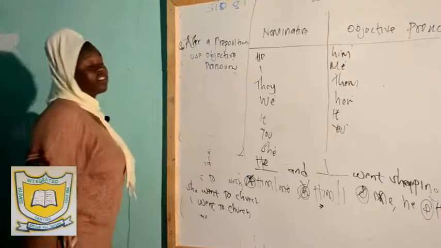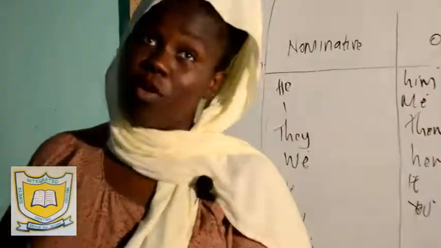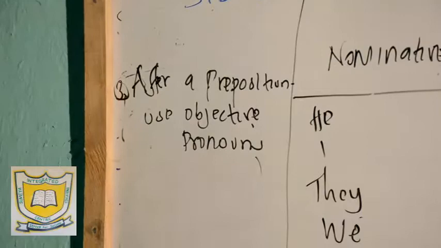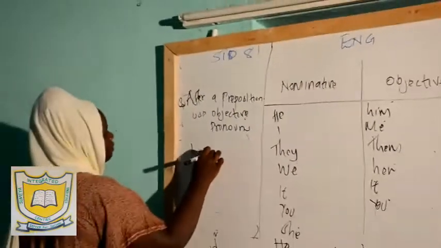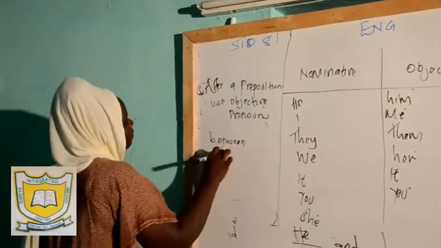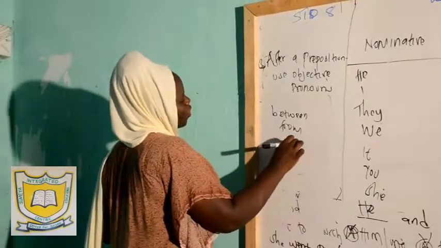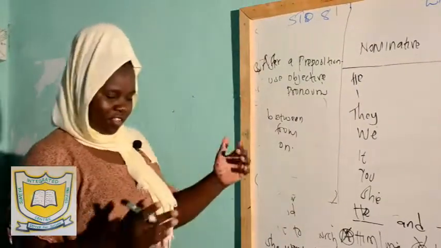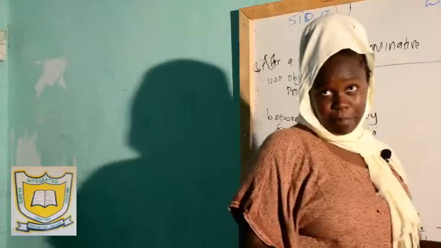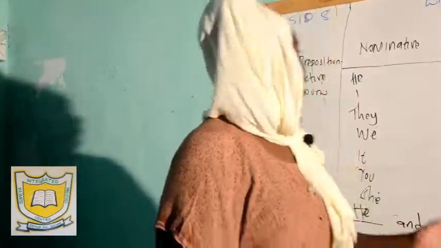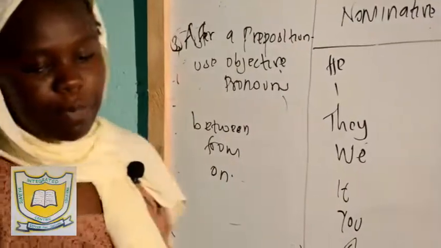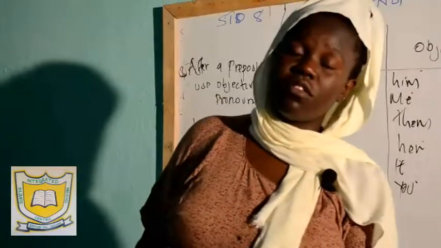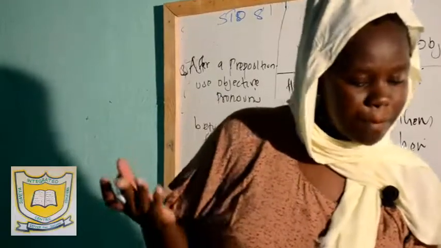Examples of prepositions: between, from, on. What are prepositions? They show the relationship between a noun and a place. So you have between, from, and on. After a preposition, always use an objective pronoun.